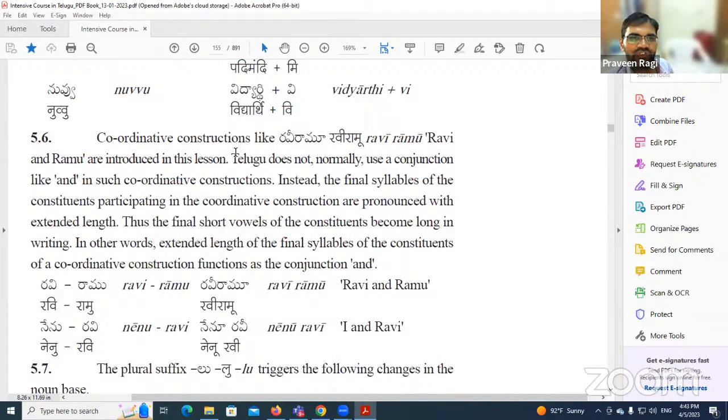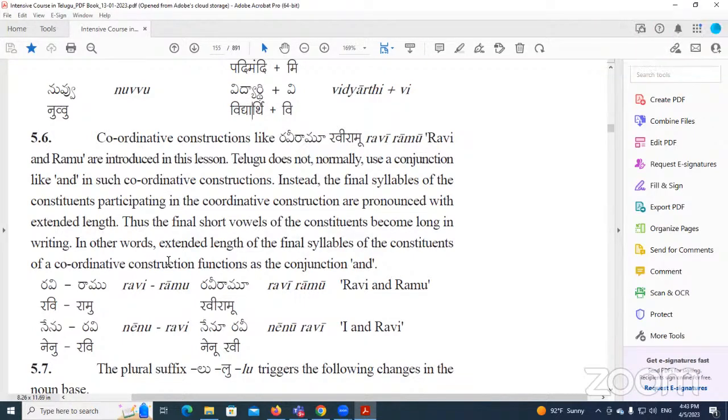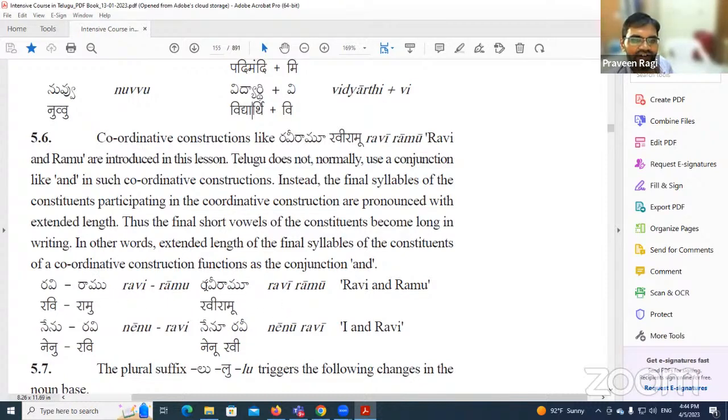Next one, coordinative construction, like Ravi and Ramu, is introduced in this. Telugu does not normally use a conjunction for and.